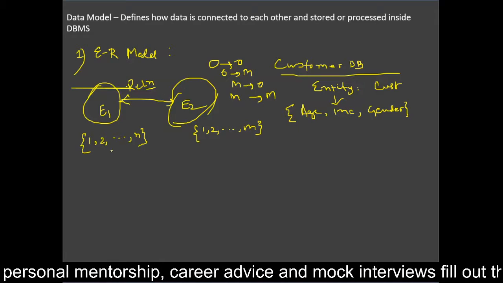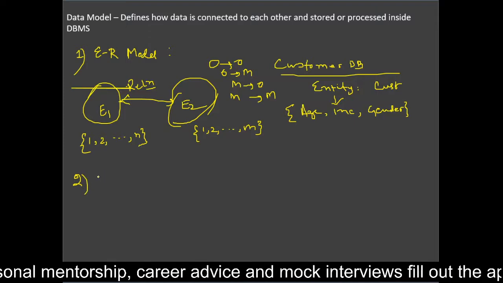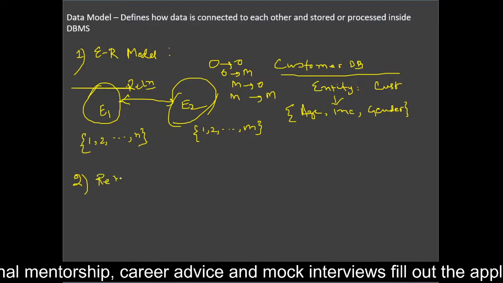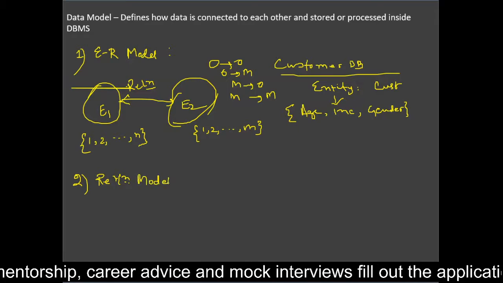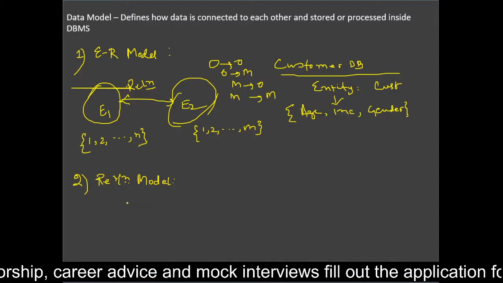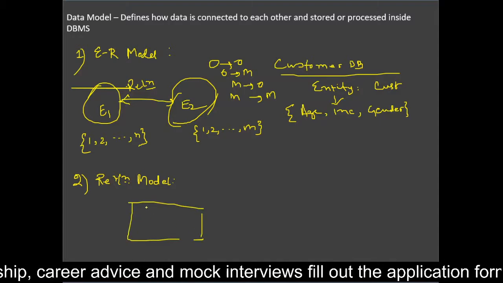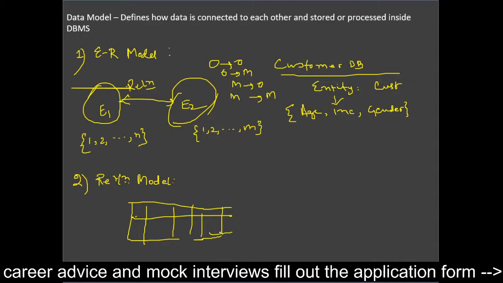Now the second type of data model is what is known as a relational model. And what a relational model states is that a table in this case is nothing but a relation. So you have this table, and this is what is known as the relation.